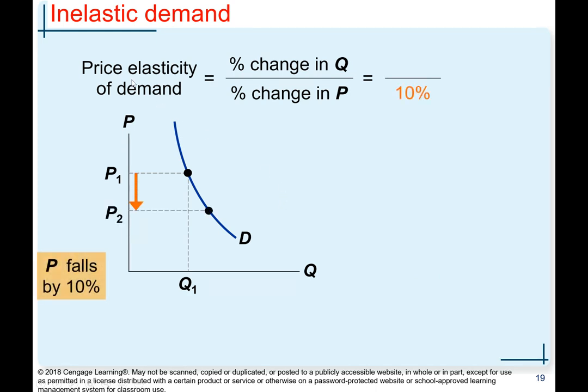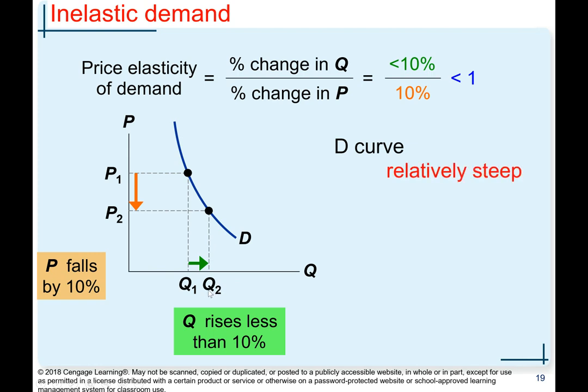Inelastic demand. Price elasticity of demand is equal to percentage change in quantity demanded divided by percentage change in price. Price decreases from P1 to P2, that's a 10% decline. That goes to the denominator.